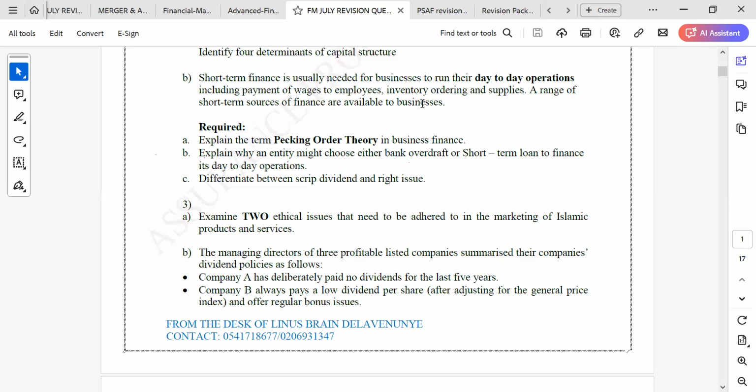They say that it's forbidden to use money for the purpose of making another money. For example, charging interest. The riba is actually interest.